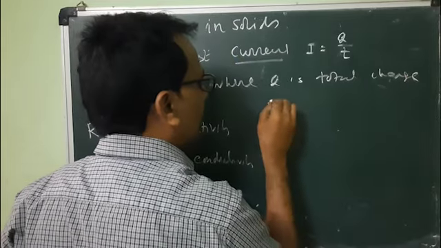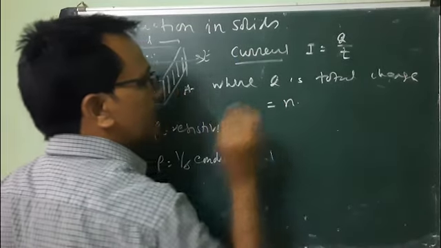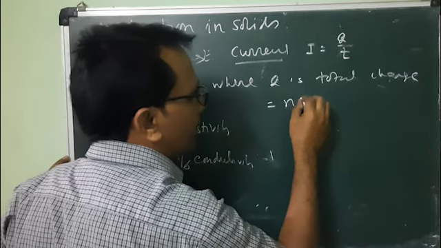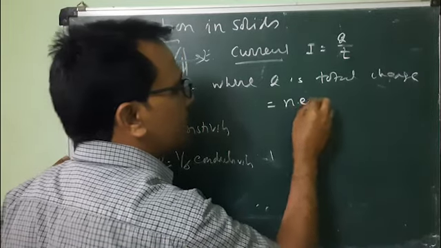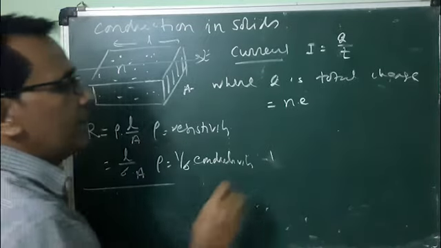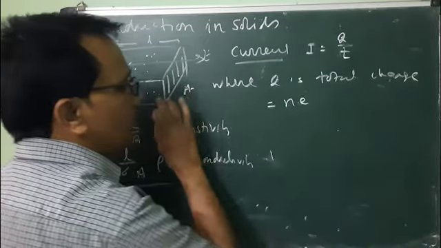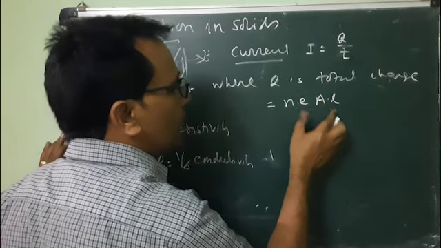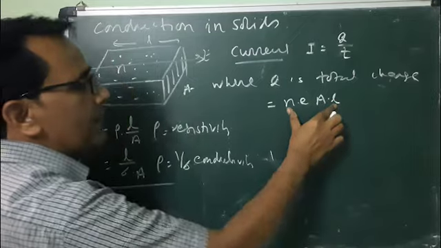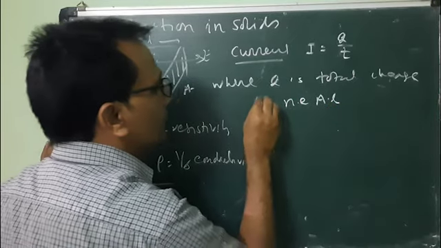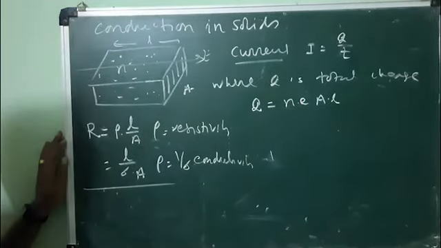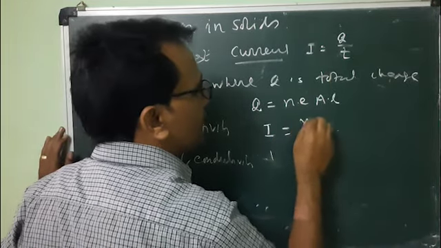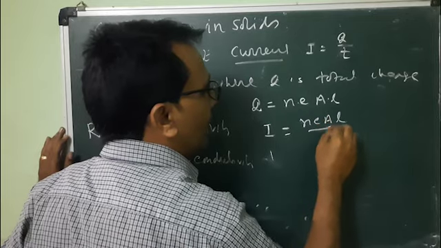This Q is equal to n, the electron density, multiplied by the charge of electron e, and multiplied by the volume A times L. So the current I can be written as n e A L by T.